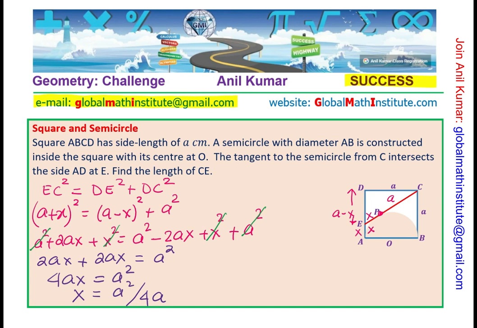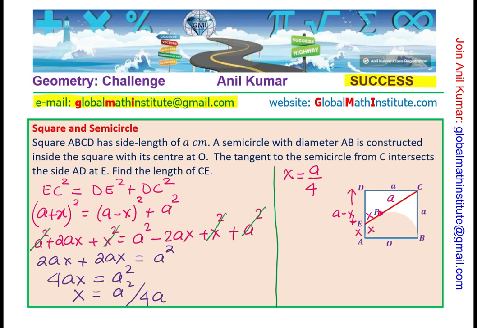Yes, I could have cancelled, simplified. Now I'll do so, right? So we get from here that X should indeed be equal to A over 4, quarter of the length A of the square. You get the idea. So this is 1/4 of this whole length. So the value of X is A over 4.